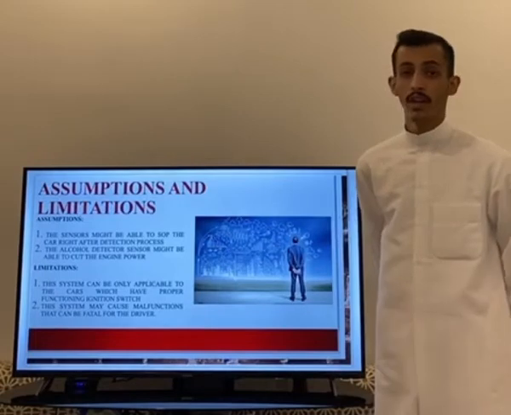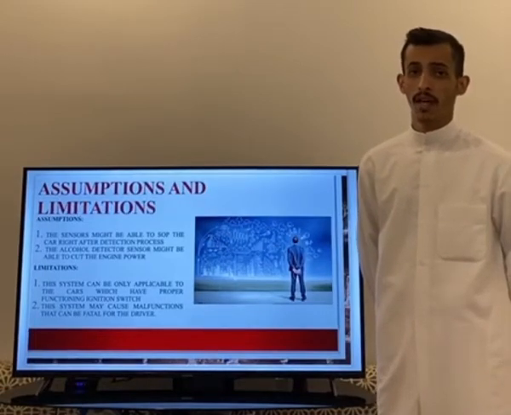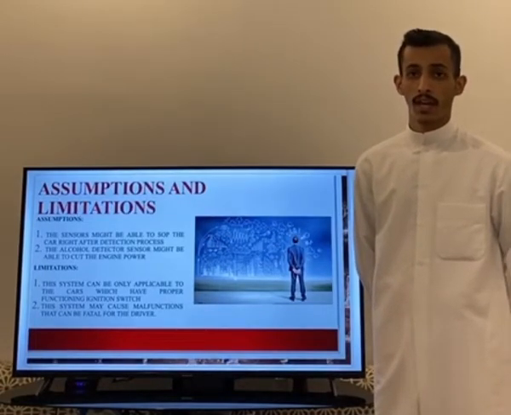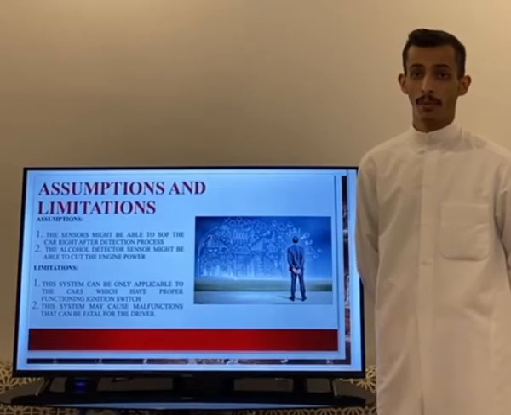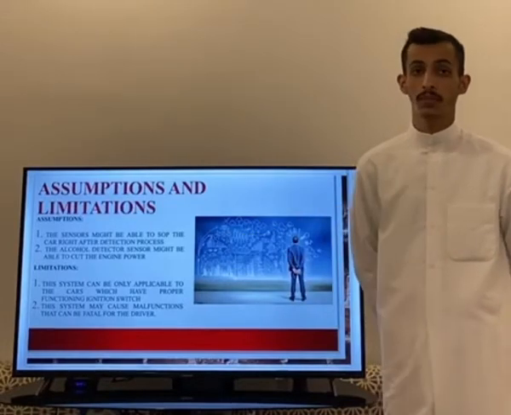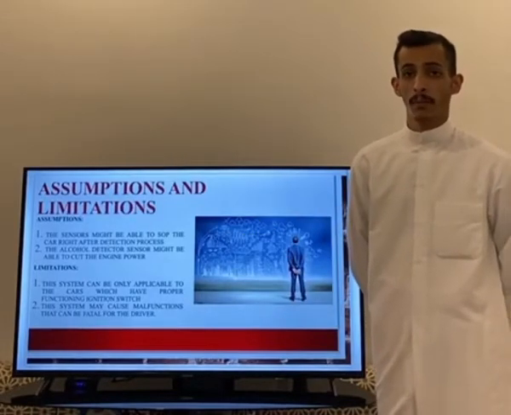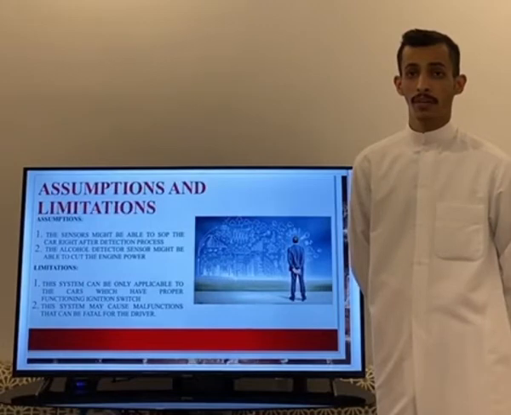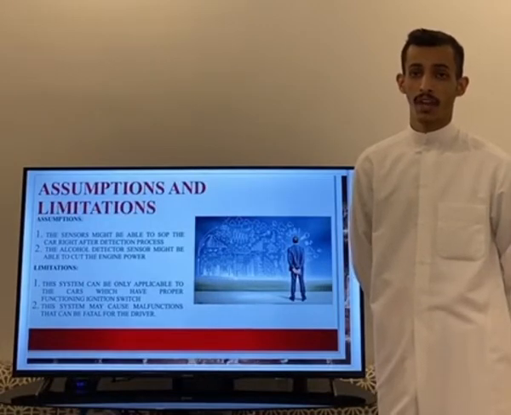For number one of the limitations, the system can only be applicable to cars which have a proper fitting engine switch. For number two, the system might cause a malfunction that can be fatal for the driver.